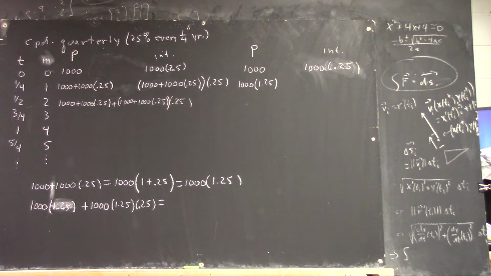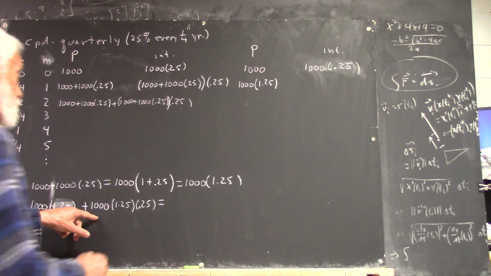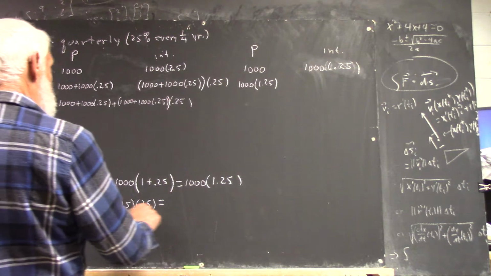What can I factor out of this? Yeah, I can factor out 1,000 times 1.25.